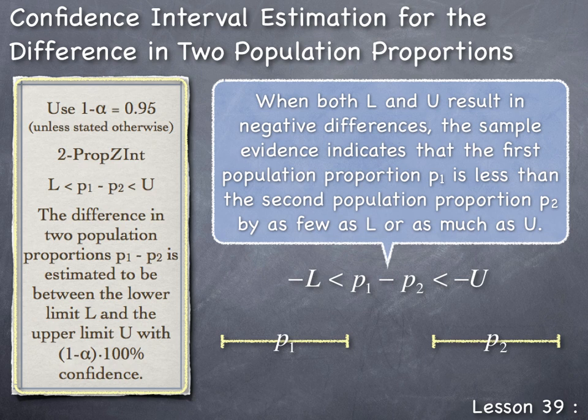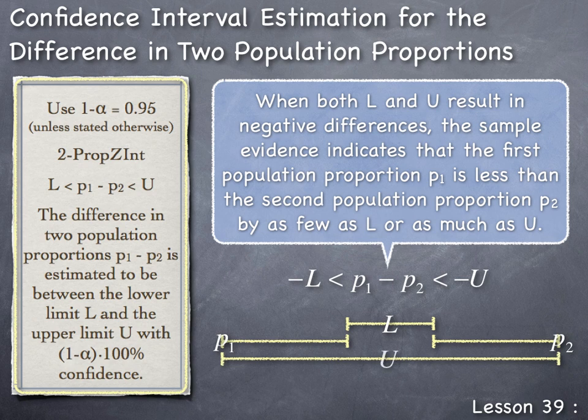And then the confidence interval that estimates the difference in the proportions is estimating how near the two proportions can be, and the nearest the two proportions are estimated to be is L, and we can estimate how far the two proportions can be, which is U. Or the difference in the two proportions could be anything between the L and the U. So in this case, the population proportion difference, p1 minus p2, is estimated to be anywhere between the lower limit L and the upper limit U with a certain level of confidence.